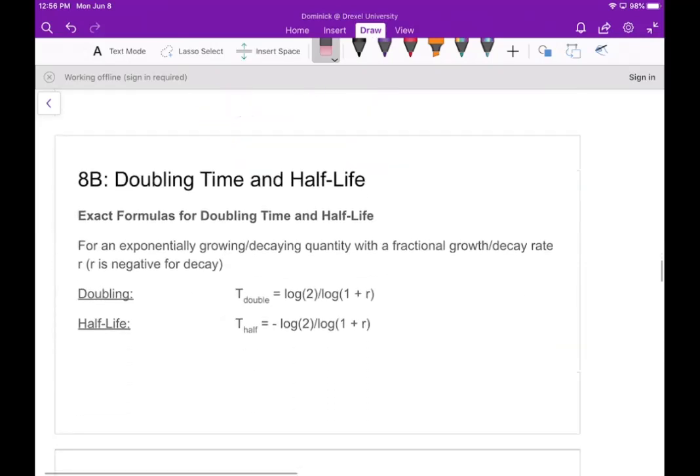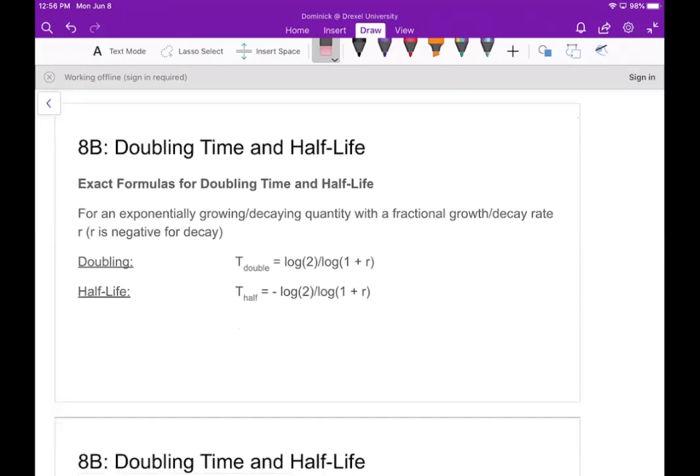Now, in the previous examples, we just looked at the rule of 70, the approximate formulas for the doubling time and half-life. Now, you can actually find what the exact values are by using these formulas with logarithms, right?